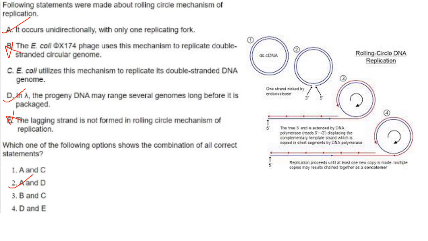Then, in lambda, the progeny DNA may range several genomes long before it is packaged. So here, lambda also shows rolling circle replication. I will tell you from the beginning, a short brief about where rolling circle replication comes in lambda. The virus attaches to the host cell and ejects its DNA.